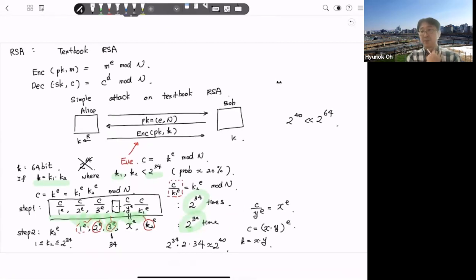Right? So if we are using the textbook RSA, then k should be much larger. Okay? Which means that the adversary can break the system a little bit easier. So we have to avoid the textbook RSA, which is a deterministic algorithm.